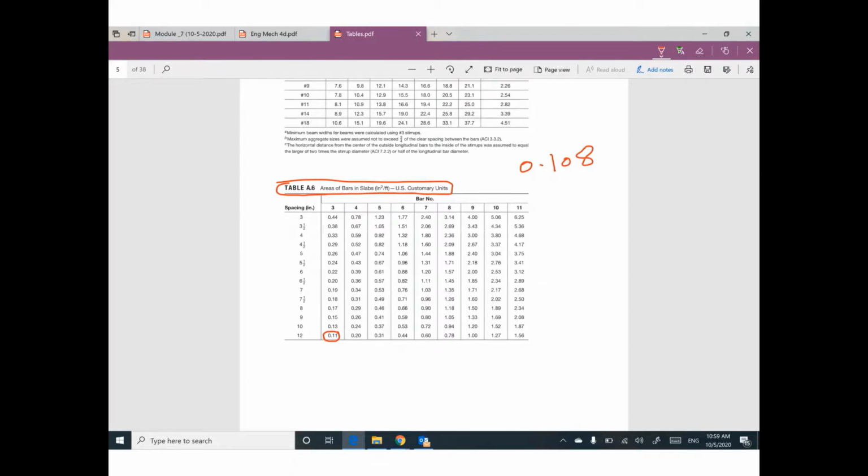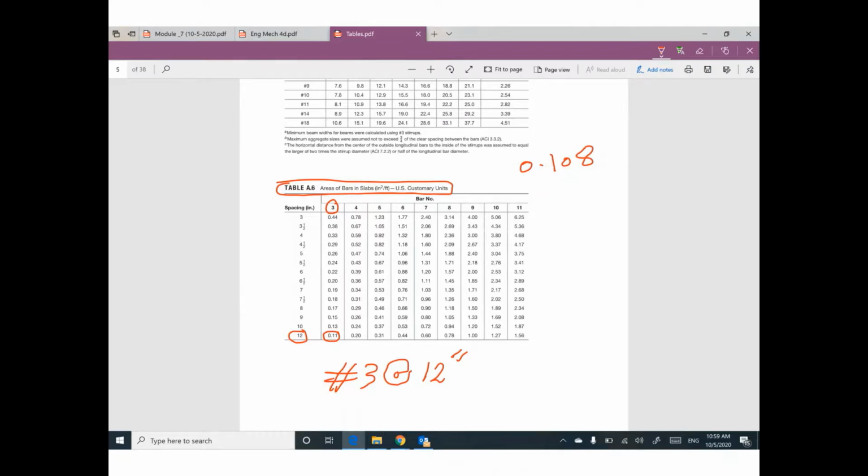I'm gonna use bar number 3 every 12 inch. So every 12 inch, I have to put a bar number 3 in this slab.